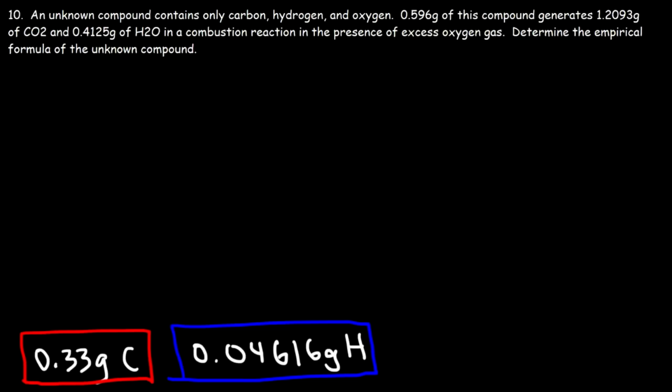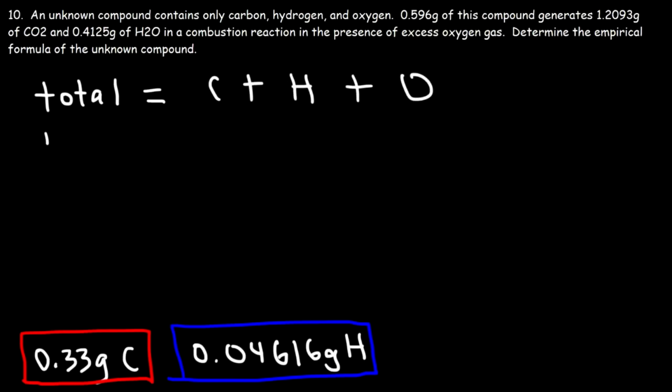So what we need to understand is this. The total mass of the compound is going to equal the mass of carbon plus the mass of hydrogen plus the mass of oxygen. So if we take the total mass and subtract it by the mass of carbon and the mass of hydrogen, it should give us the mass of oxygen.